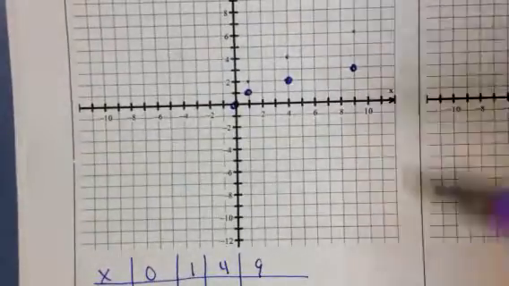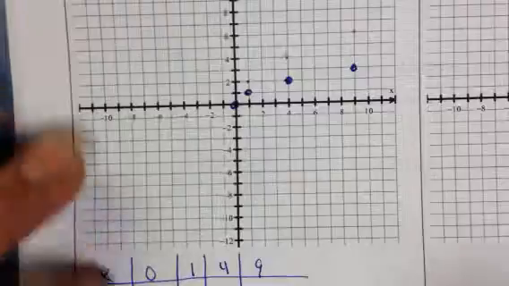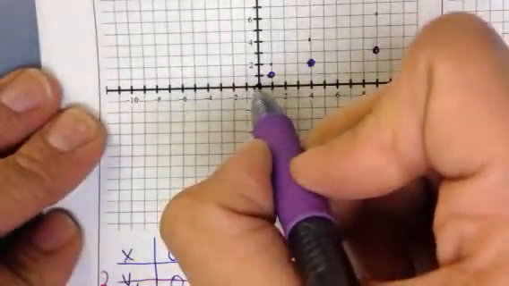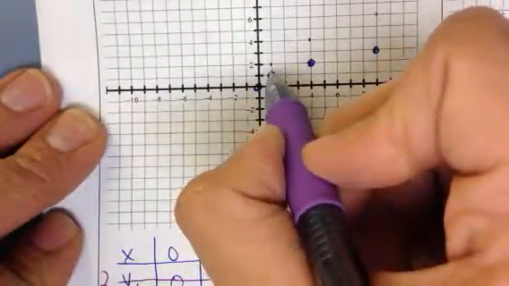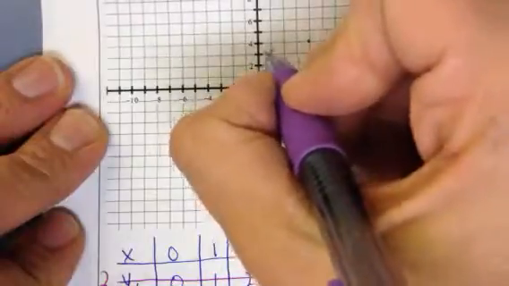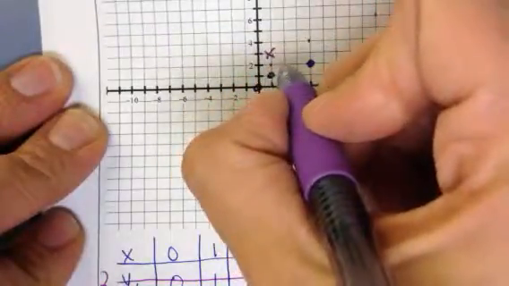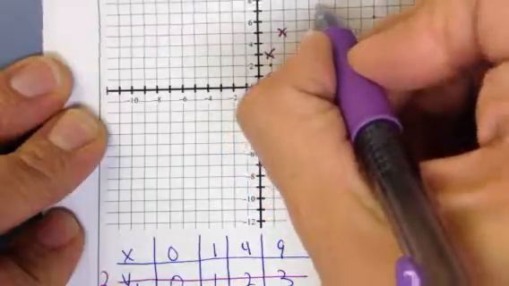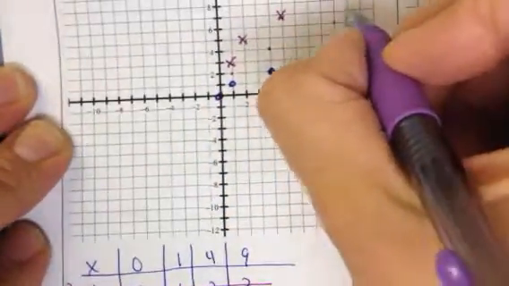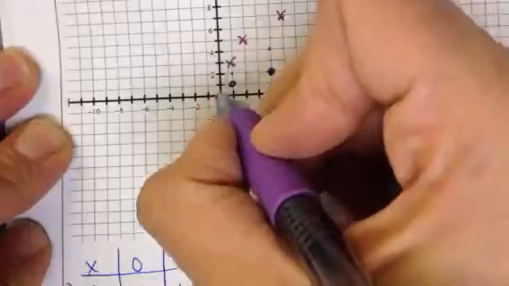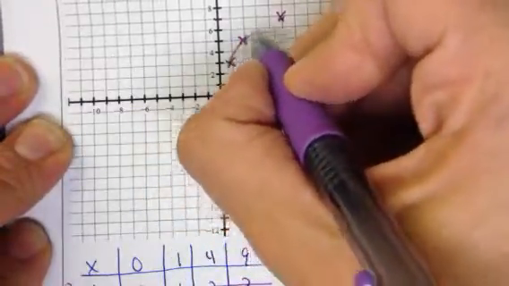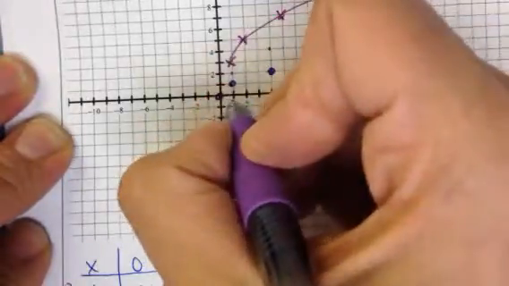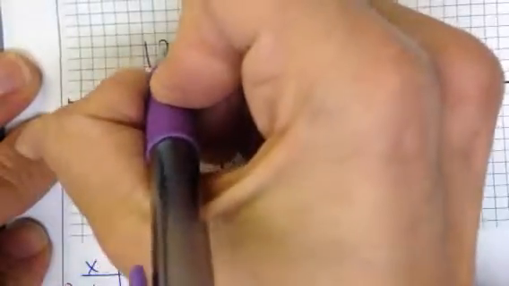But they're not going to stay there. They're still each going to go right 1 and up 3. So don't forget 0, 0. It's going to go right 1 and up 3. And now this point is going to go right 1, up 3, right 1, up 3, right 1, up 3. And now instead of starting here, it's going to start here. And it's starting at 1, 3.